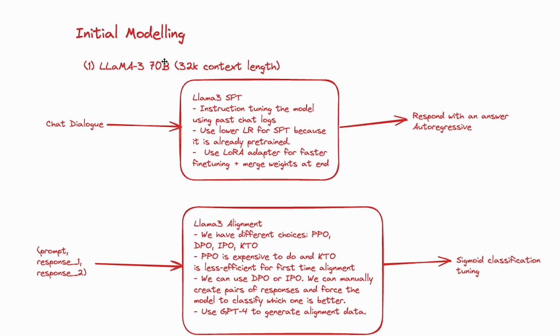First, we will choose a large language model which is already available in open source. For the purpose of this video, we are choosing Llama 3 70B with 32,000 context length. In a real interview, you will have to justify why you want to use this particular model with this particular size and this particular context length.